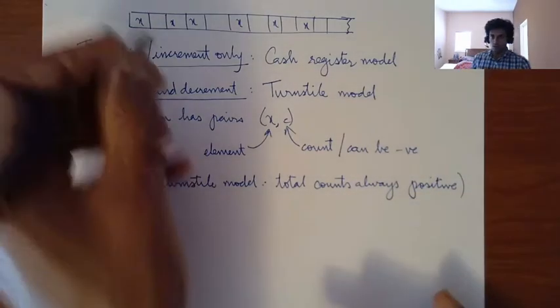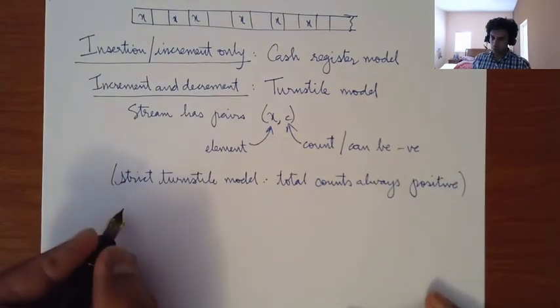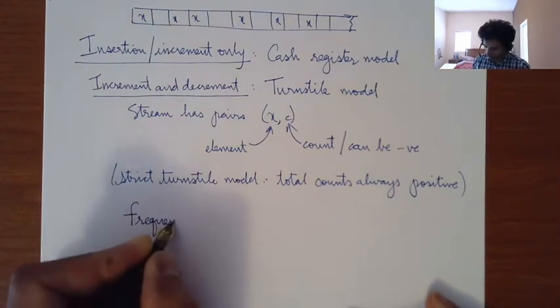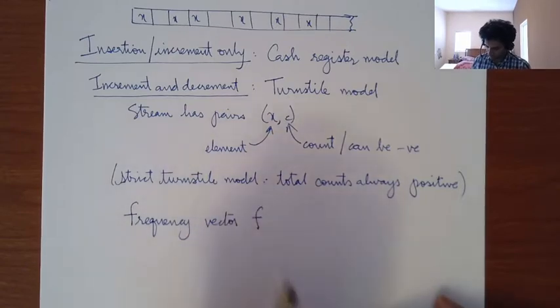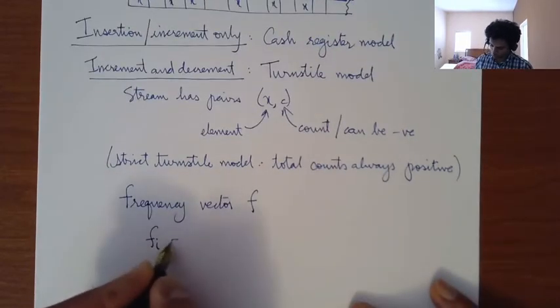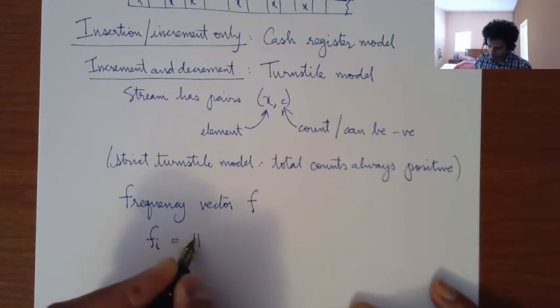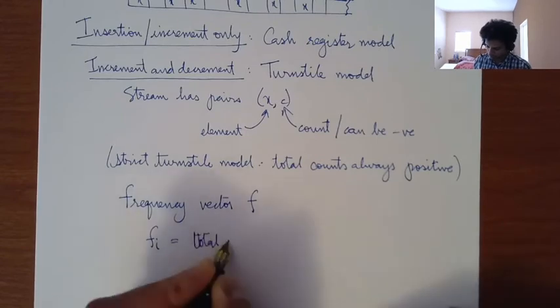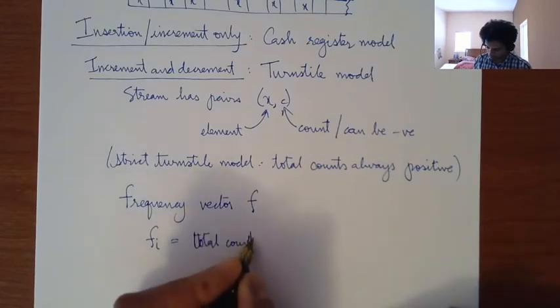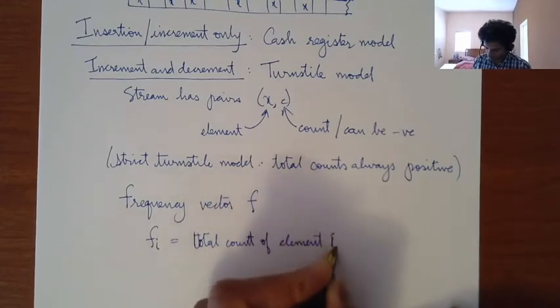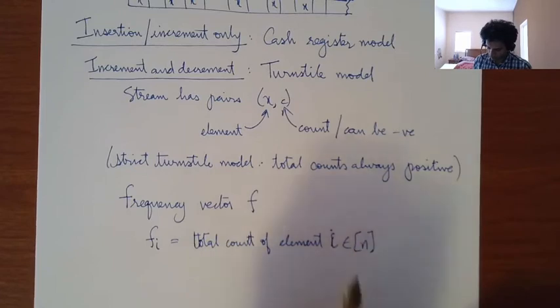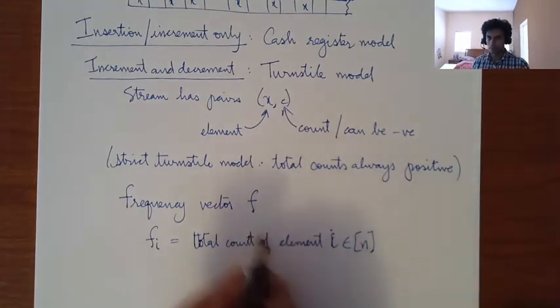For this reason, it is going to be convenient for me to think about what I call the frequency vector f, where f of i is the total count of element i, in n. Again, our universe is n.